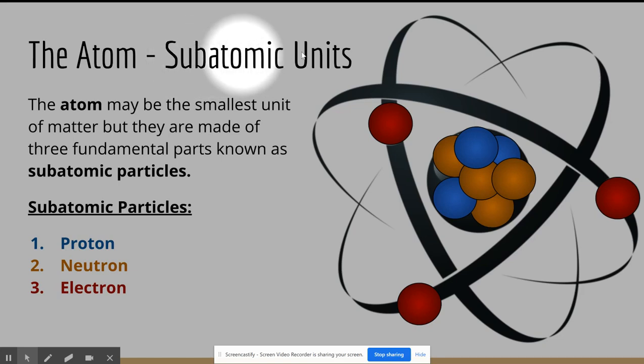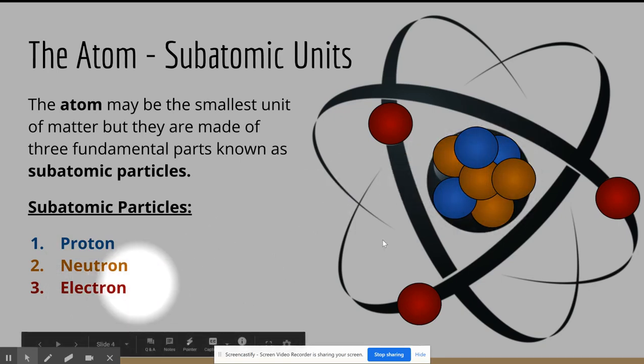The atom may be the smallest unit of matter, but it's also made of three fundamental parts known as the subatomic particles. There's three of them that I need you to know: the proton, which is in blue here, the neutron, which is in orange, and the electron. These guys whizzing around on the outside are known as the electrons.